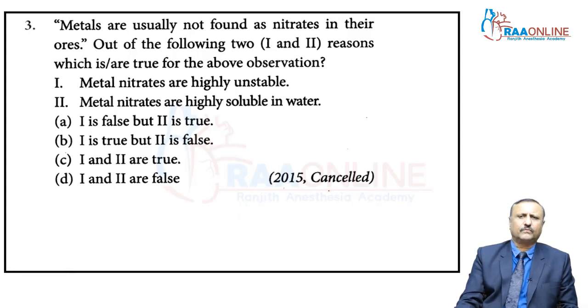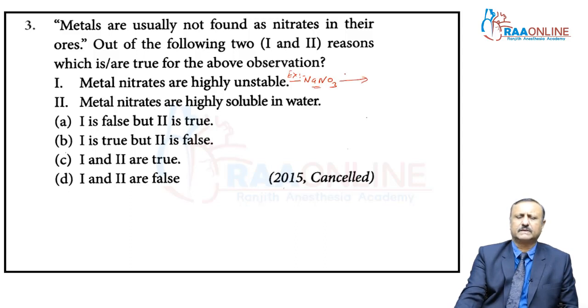Metals are usually not found as nitrates in their ores. Out of the following reasons 1 and 2, which is or are true for the above observation? Here my dear students, number 1: metal nitrates are highly unstable. Take NaNO3, for example, sodium nitrate.